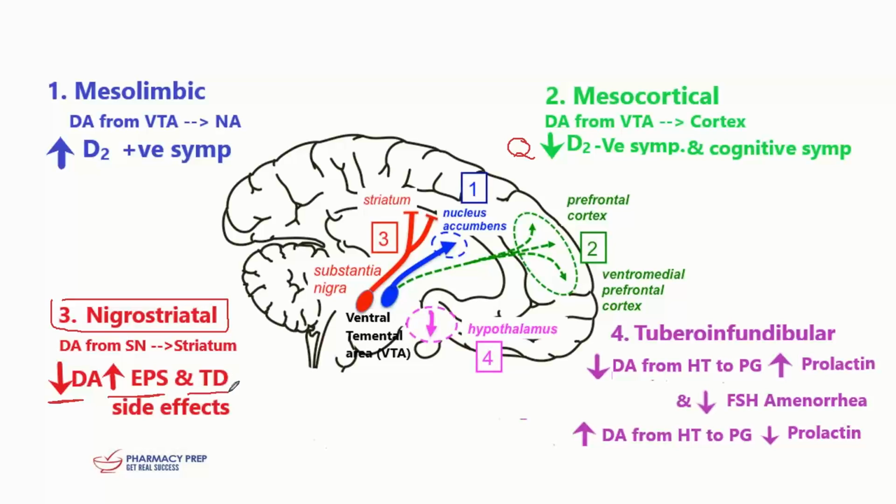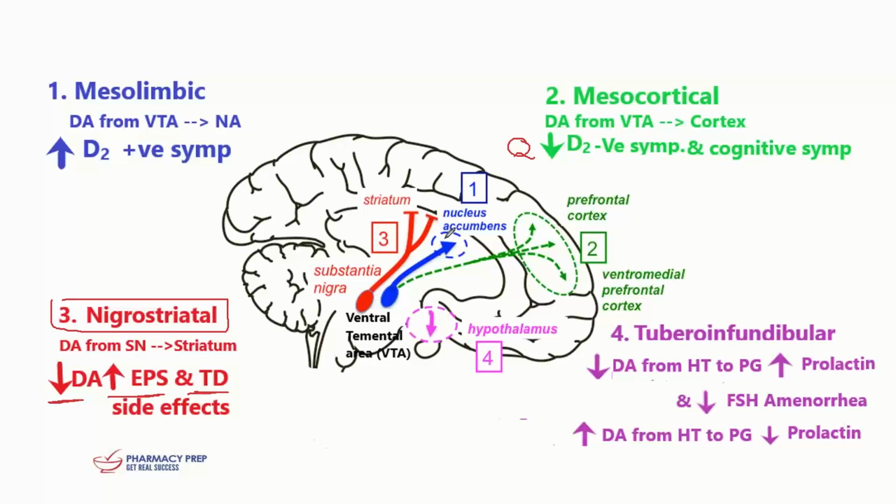Additionally, it also comes with tardive dyskinesia, which is associated with the nigrostriatal pathway. So the high yield point here is that most antipsychotic drugs are not selective to only the mesolimbic pathway, because the goal of an antipsychotic drug is to lower dopamine activity in the mesolimbic pathway.